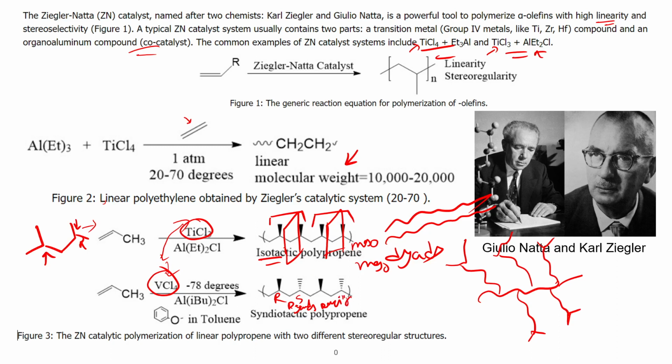With this kind of thing, we can determine if they have a particular ordered arrangement, or some of them are not ordered.